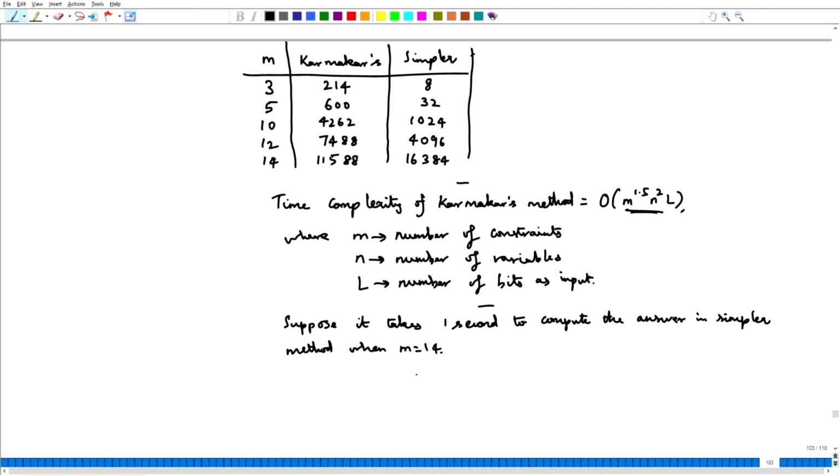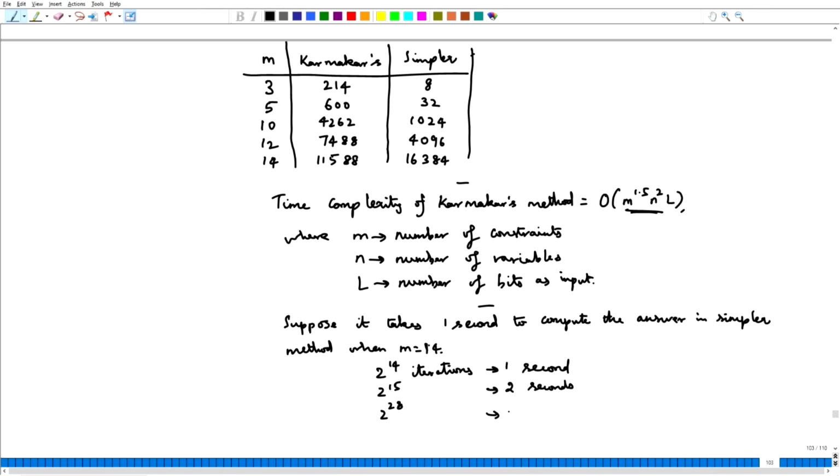That means 2 power 14 iterations take 1 second, right. So, 2 power 15 iterations will take 2 seconds, 2 power 16 will take 4 seconds, all that is fine. How many seconds will 2 power 28 iterations take?